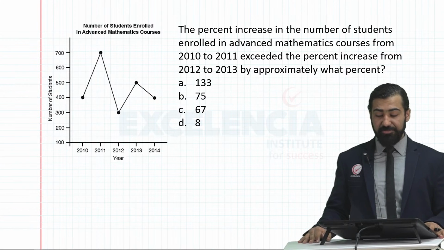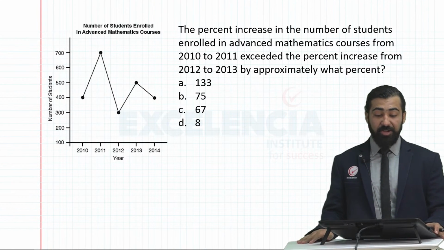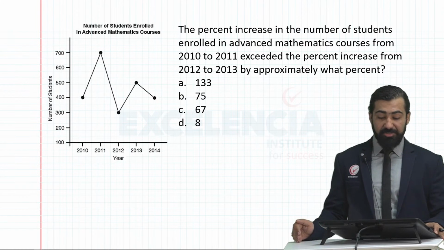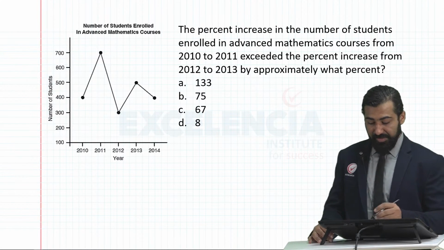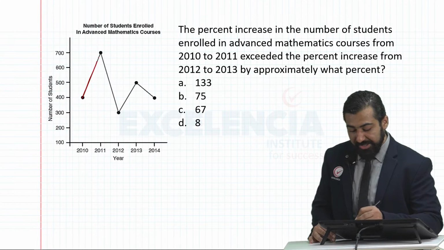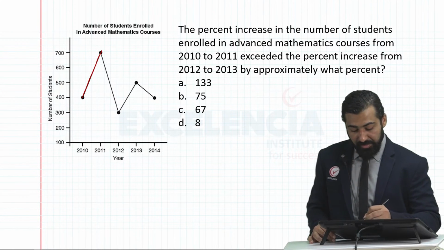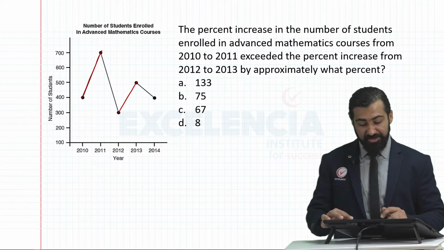this is your line graph. The percent increase in the number of students enrolled in advanced mathematics courses from 2010 to 2011 exceeded the percent increase from 2012 to 2013 by what percent? Okay, so for 2010 to 2011, we want to know how much this increase is.